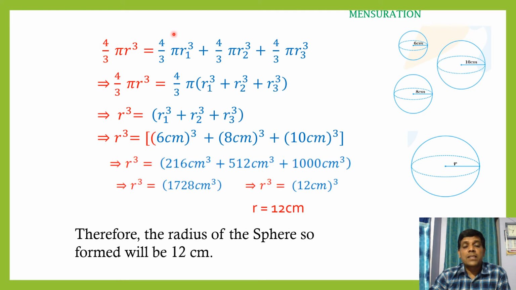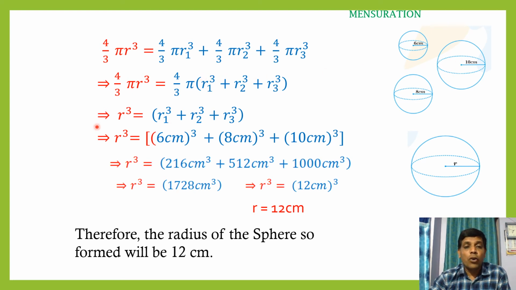So what is the formula for a sphere? 4/3 π r³. Here 4/3 π r1³, the first small sphere, plus 4/3 π r2³, plus 4/3 π r3³. Here r1, r2, r3 represent the small spheres: sphere 1, sphere 2 and sphere 3.